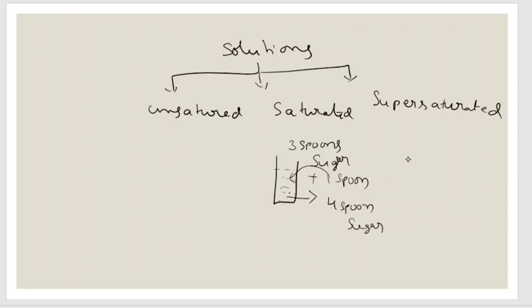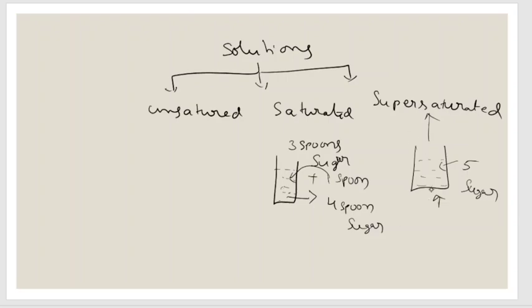Then what we do generally to make a sugar solution or sugar syrup is we heat it, right? So after heating this glass of water with the 5 spoons of sugar, no doubt the fifth spoon of sugar also dissolves into the water, and in that particular case the solution present in the glass is called a supersaturated solution.